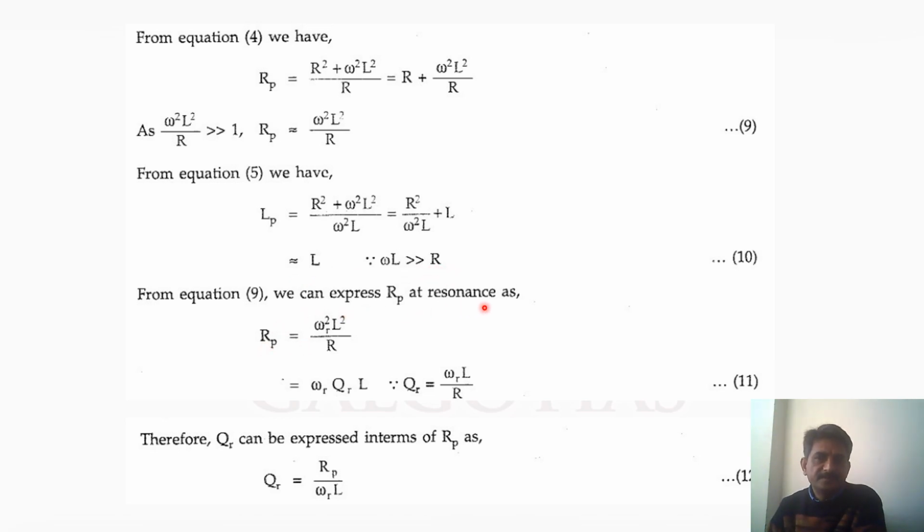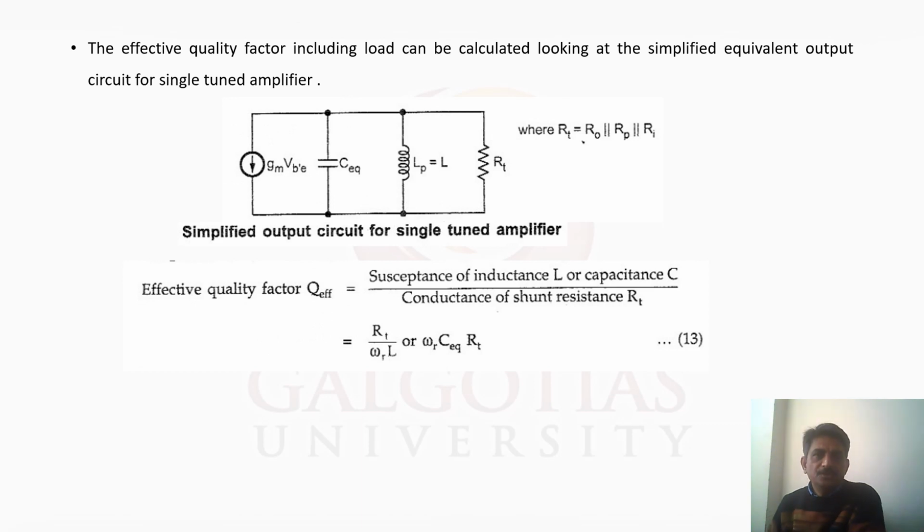So at resonance frequency R_p can be expressed as omega_r square L square upon R, that is omega_r Q_r into L, where Q_r is omega_r L upon R. So Q_r can be expressed in terms of R_p, that is R_p upon omega_r L. So the effective quality factor including load can be calculated using the simplified equivalent circuit for the tuned amplifier.